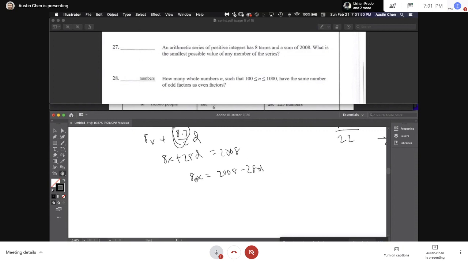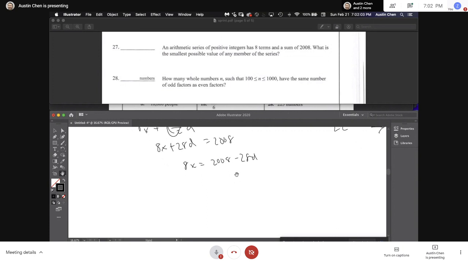Because we're minimizing x, we want this to be the smallest 0 mod 8 possible. So you want to subtract as many 28s from 2008 as you can while keeping it 0 mod 8.